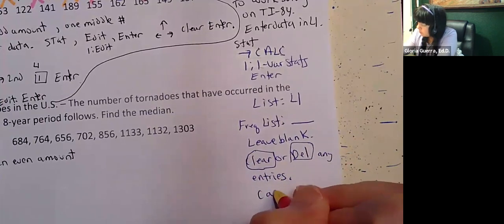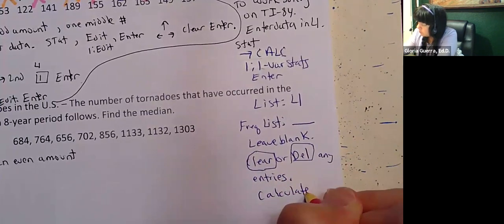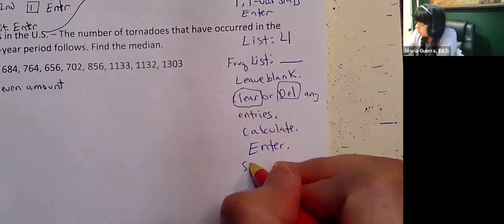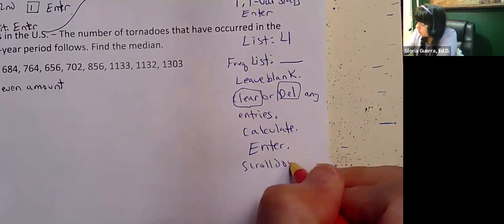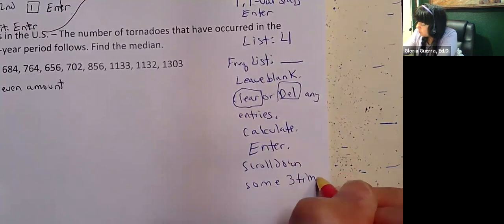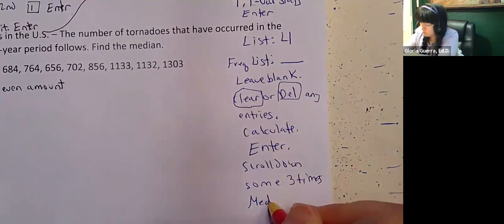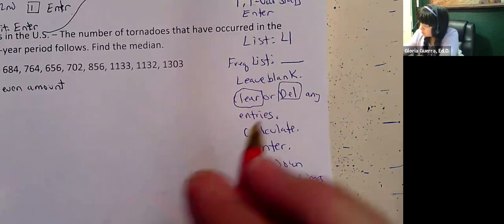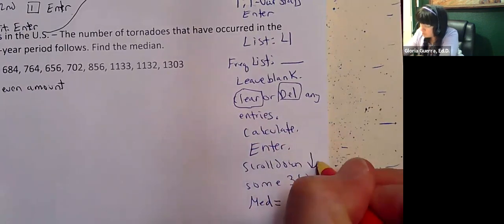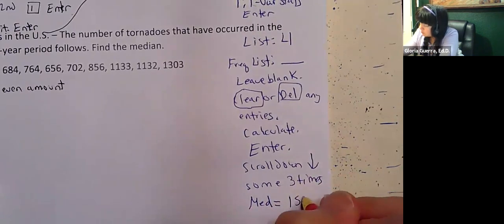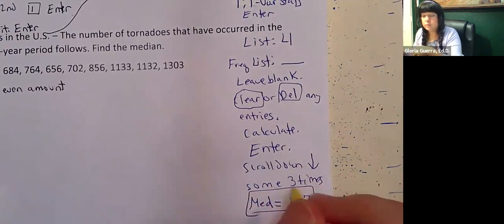And then you go to calculate, and then you go to enter. And then you have to scroll down, I think it was 3 times, until you get to median. 1, 2, 3. So scroll down 3 times until you get to the median, which is 157. Okay.